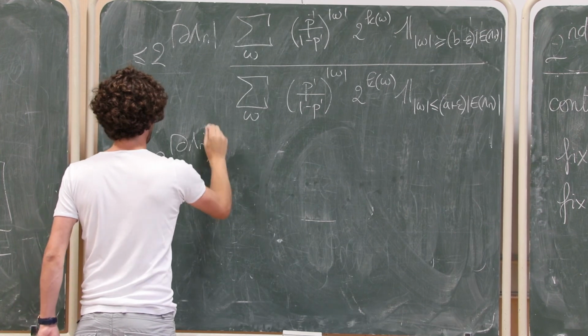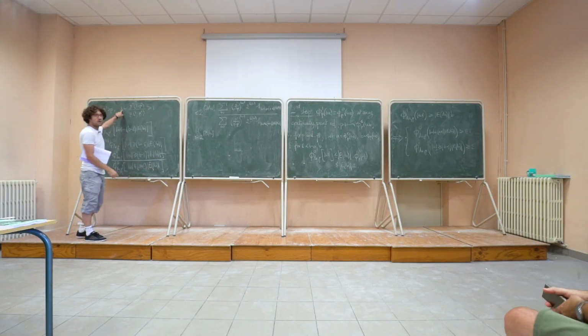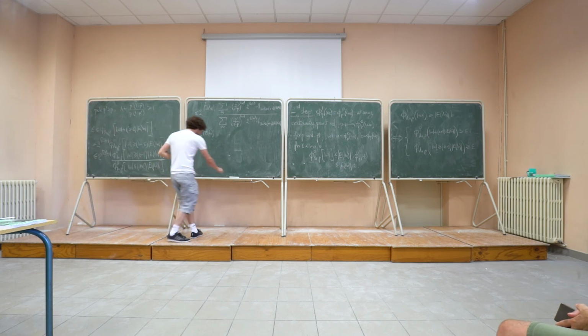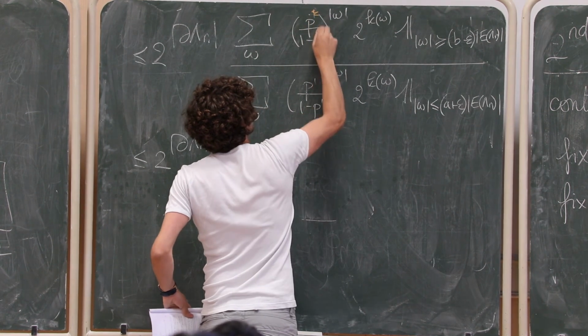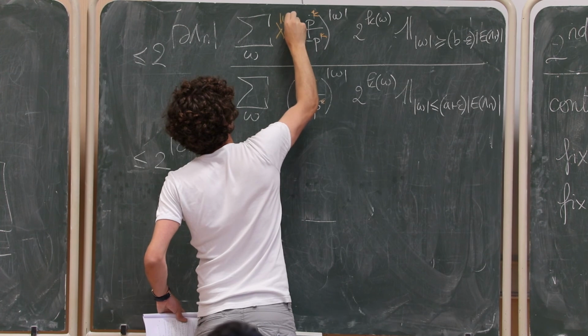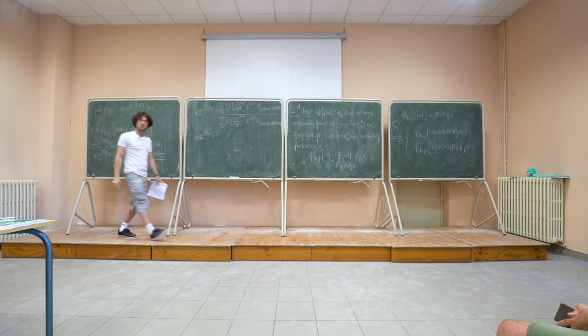This guy is still here and will remain up to the end. So now here, notice that if I introduce lambda, I can replace this by p here, and put a lambda to the number of edges here, and lambda to the number of edges. Right?